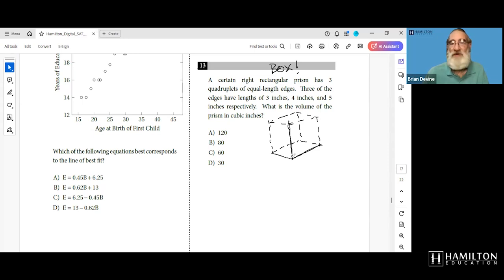And they said that this thing was 3 by 4 by 5. And what is the volume of the prism in cubic inches? Well, 3 by 4 by 5, 60. Width times length times height, which is given in the reference, would be 60 cubic inches. So C is the correct answer.